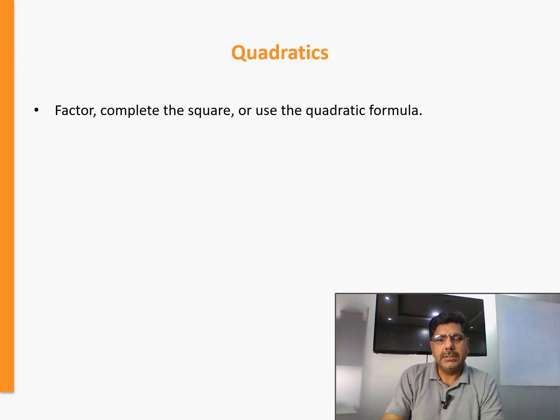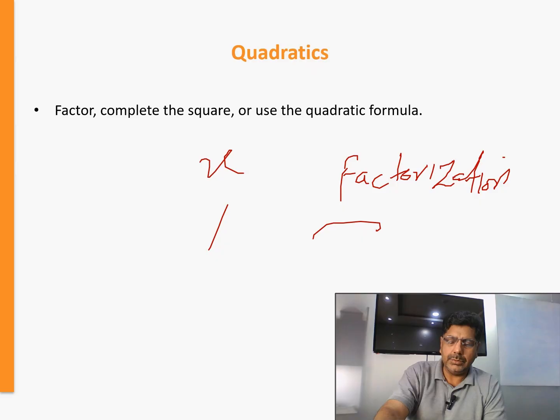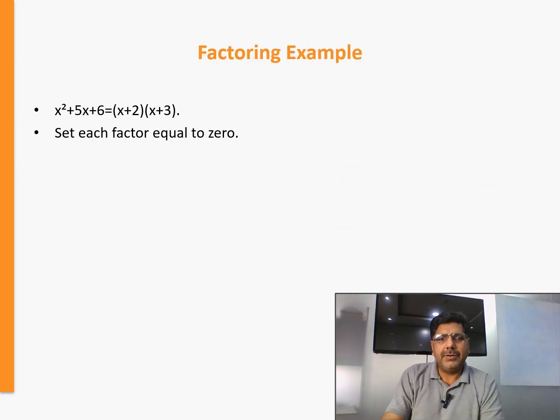Quadratic function, so the value of x can be found with the help of the quadratic formula and by factorization. Okay, so factorization or quadratic formula, we will see how to use them. Then factoring examples.